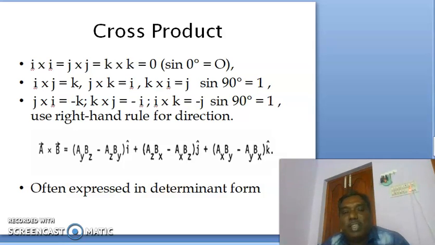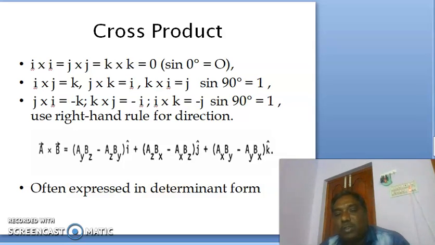So i cross j is equal to k, j cross k is equal to i, and k cross i is equal to j, where sin theta is equal to 1. j cross i is equal to minus k, k cross j is equal to minus i, and i cross k is equal to minus j.